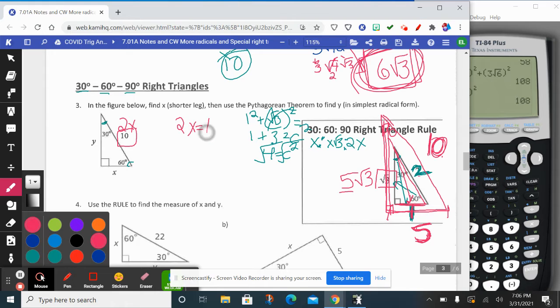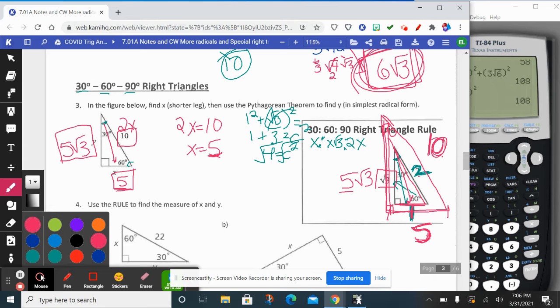So if twice x is 10, then x must be 5. Meaning the shortest side, 5, is opposite your 30-degree angle down here. And if this side is 5 and this side is 10, then this side is the short side times radical 3. It's just how it works.